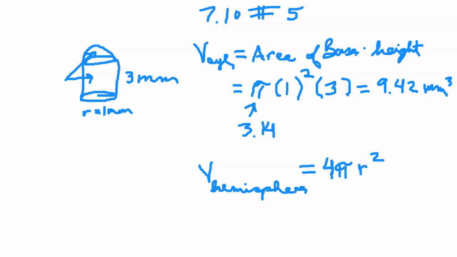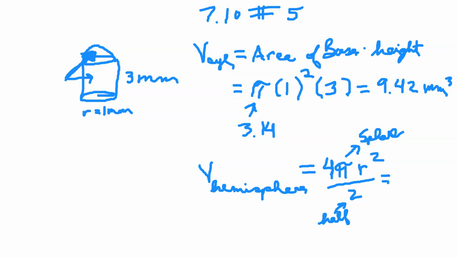Now we need the volume of this hemisphere at the top. If we had the entire sphere, the volume of a sphere is 4 pi r squared, but since it's a hemisphere and we're just cutting it in half, we're going to divide by 2. So the 4 pi r squared piece is the volume of a sphere, and then we cut it in half to get the volume of the hemisphere.